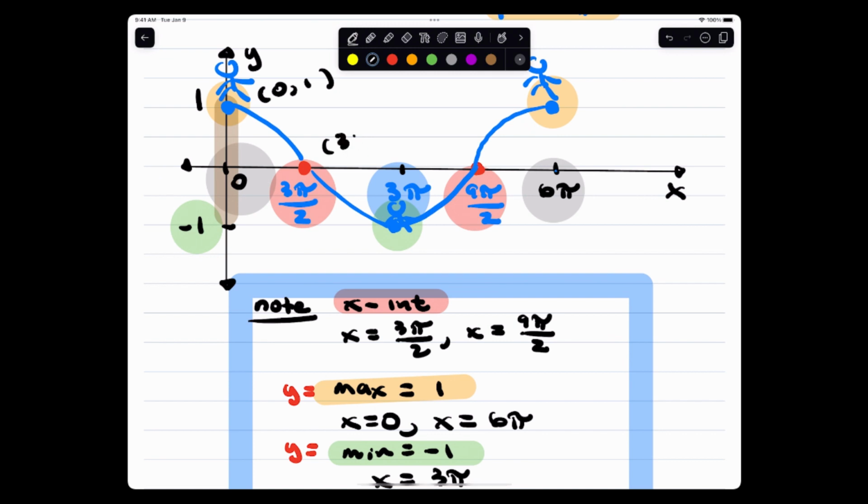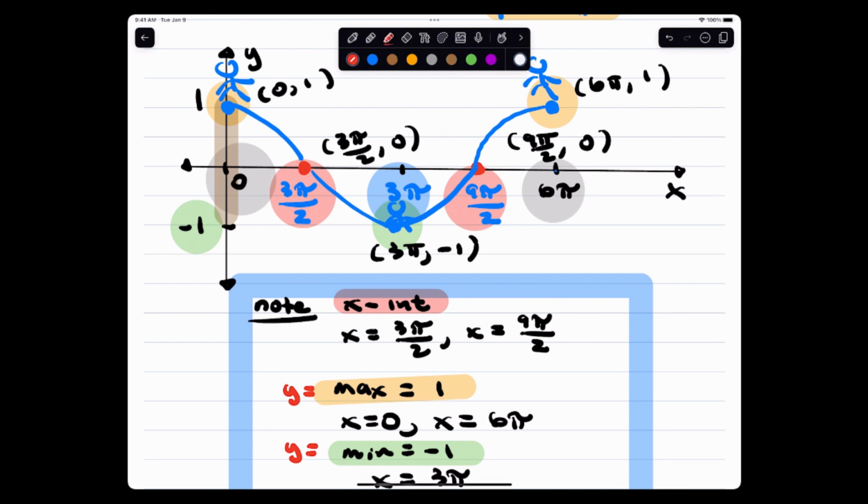Yeah, x is 3 pi over 2. Y is 0. And this is a formal address down here. That would be x is going to be 3 pi. Y is -1. And then here, x is 9 pi over 2. Y is 0. And then finally, x is 6 pi. And y is +1. So it's always the y-coordinate that's the maximum.